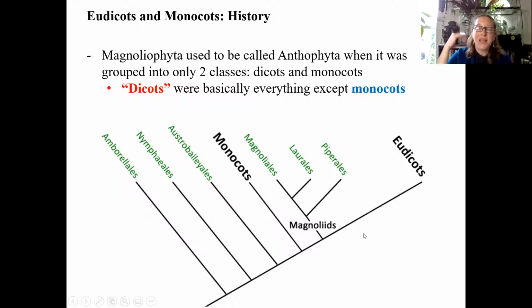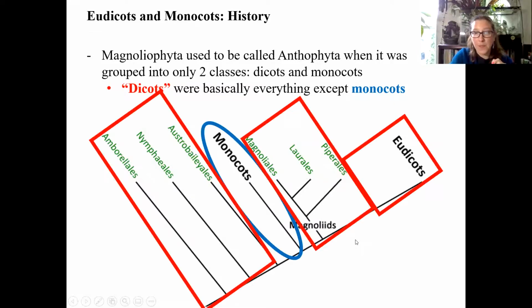You have to keep in mind, this is before there were things like DNA analysis, and people were just going based on traits and physical appearance, those kind of things. So it was like we have monocots and then everything else is in a dicot. That's what we used to do. So this is how it used to look.